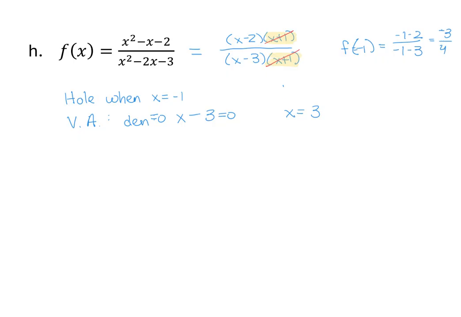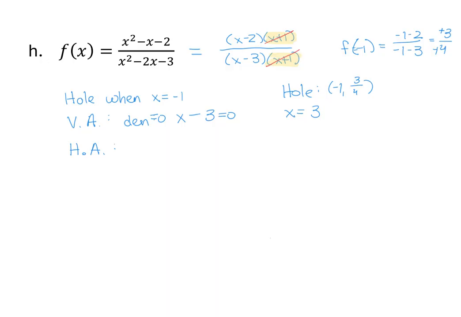And so our hole is going to be -1, comma, positive 3/4. We should have that our negatives cancel. That takes care of our domain and our restrictions on the x, the two things that can happen.